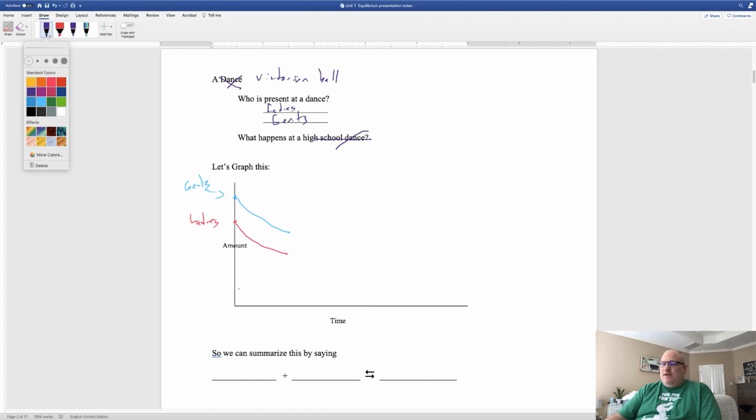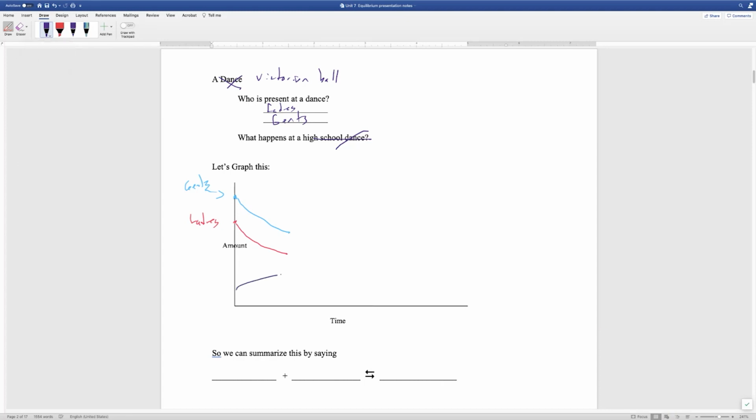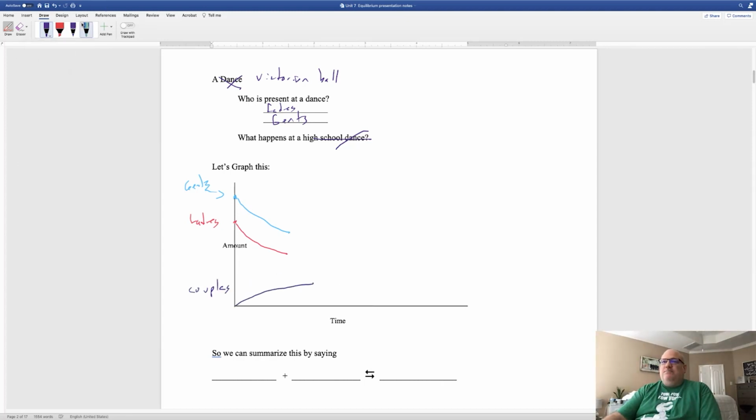Now, after a period of time, the number of gents and the number of ladies stay the same. So you matched up everyone, right? And the couple number stays the same as well. You get this analogy, right?